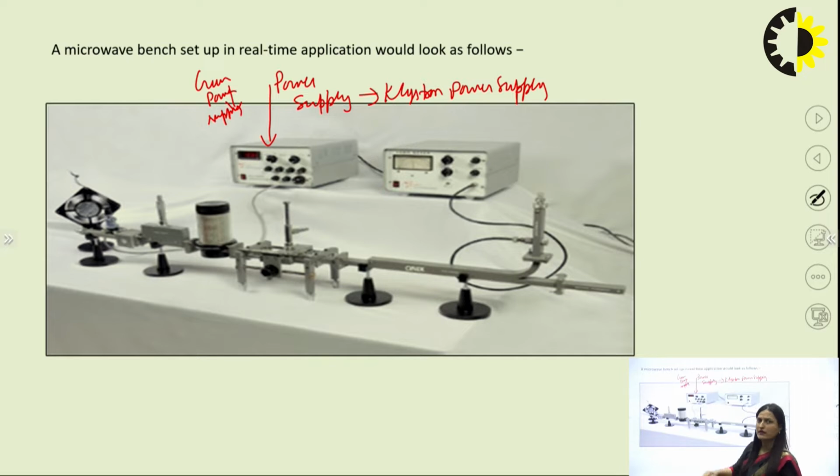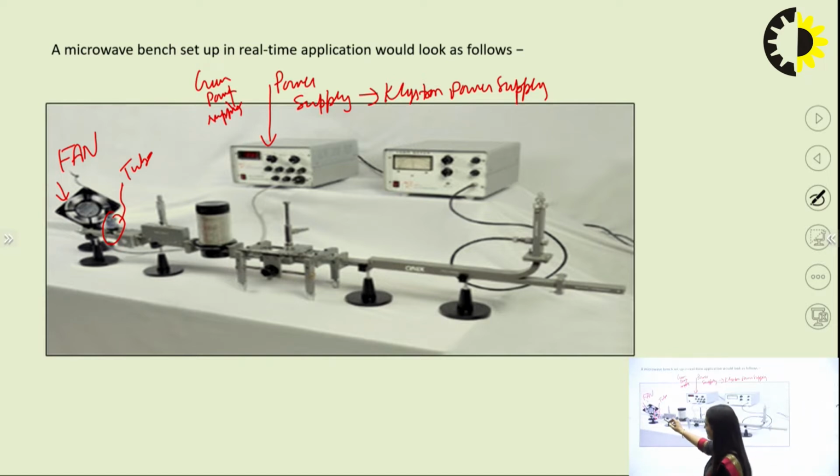After that, this is the detector mount on which the tube is placed. This is your tube, the reflex klystron. One fan is used here to cool down the heating of the klystron, right?